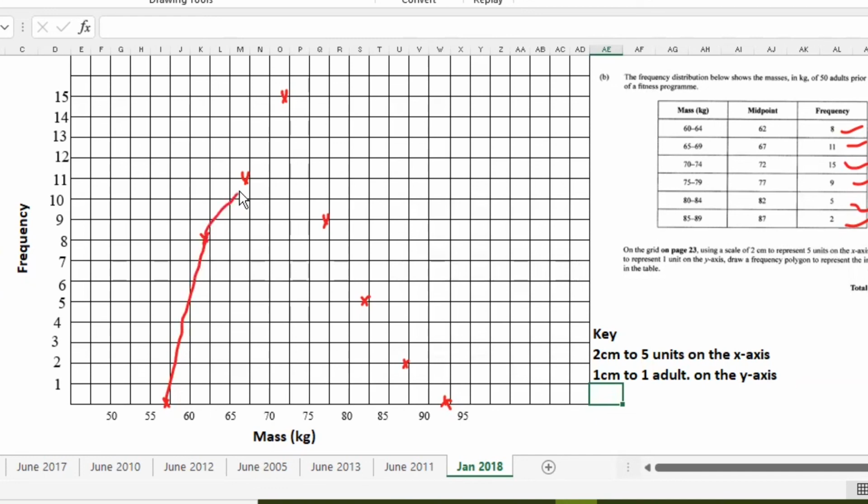So this is, something similar to this with more accuracy, is what your frequency polygon will look like. And this will be your frequency polygon, and you will get your 6 marks.